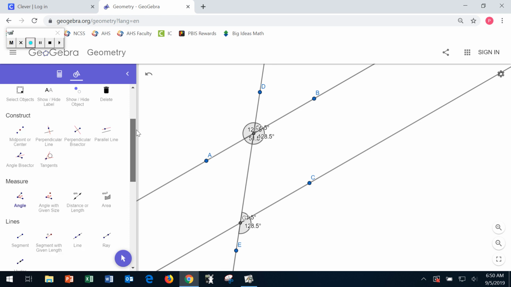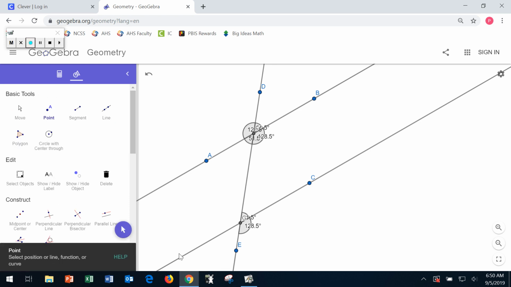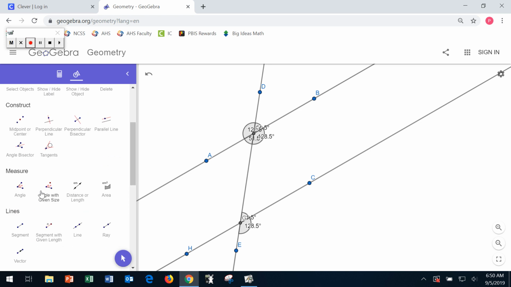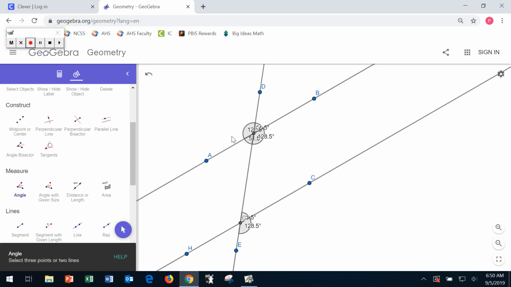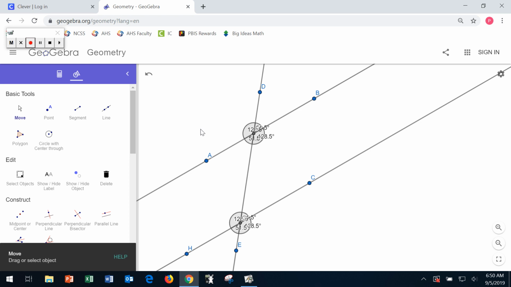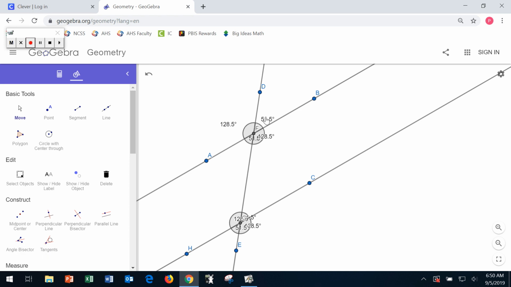Need another point. Alright, let's get another angle. Okay. Almost there. Alright, so now let me move this stuff around so we can see what these numbers actually are. 128, 151.